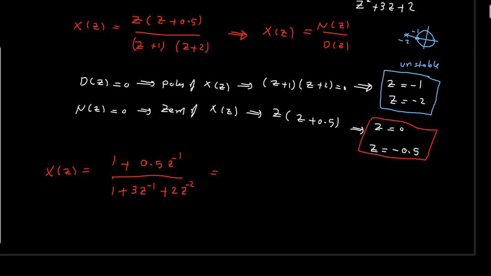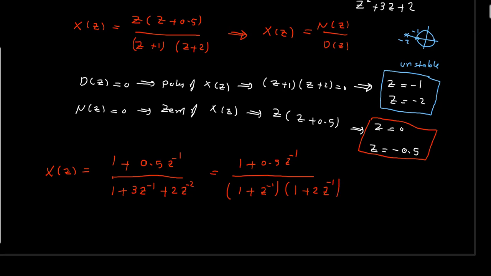And simply this can be written as 1 plus 0.5 z minus 1 for the n of z, and I can factorize the denominator, the d of z, as 1 plus z minus 1 multiplied by 1 plus 2 z minus 1.